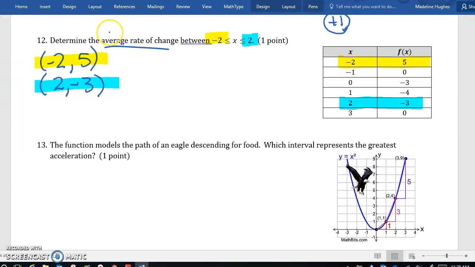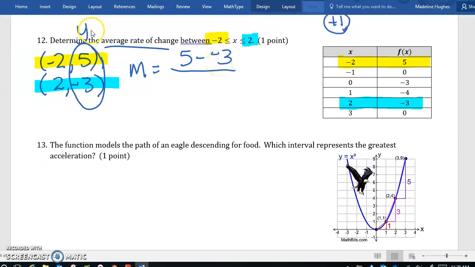And remember, when we find rate of change with the slope, we say m is equal to, the top is our change in y. So here are our y's. We do 5 minus -3. And then our x's go on the bottom. Those are x values, so -2 minus 2. You always subtract. I can put that right in my calculator, which I'll show you here.